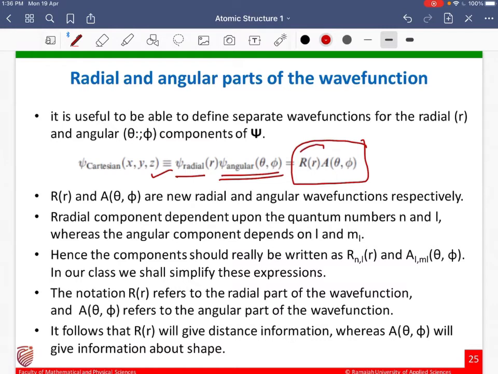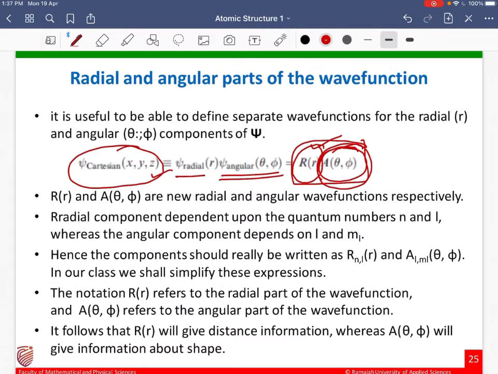So this is the radial part and this is the angular part. So psi can now be written as a combination of the radial wave function part and the angular wave function part, R of r into A of theta, phi.